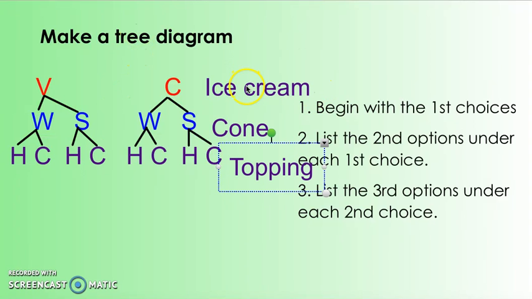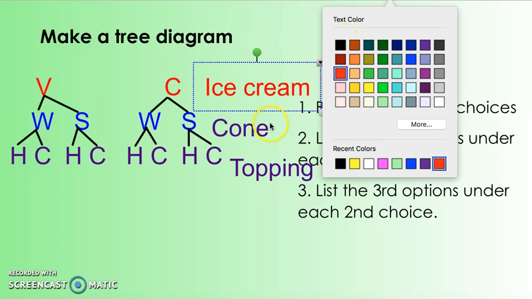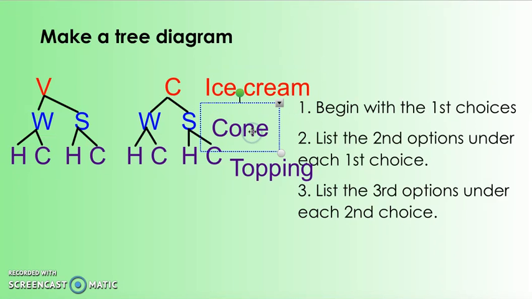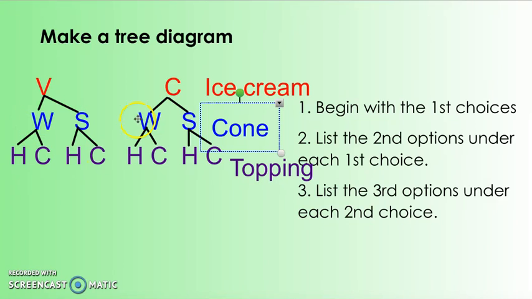No matter how many layers I have, I could keep going. I just have to make sure that I am branching off of every single thing. So if I look at all this, the bottom one is the total number of different choices I would have. So 2, 4, 6, 8, I still get 8. Still 8 possibilities.